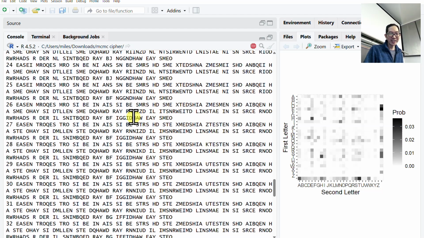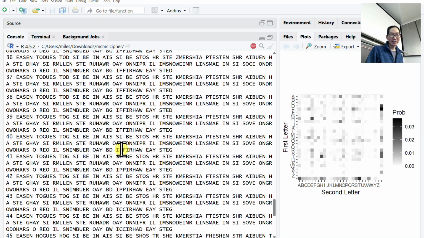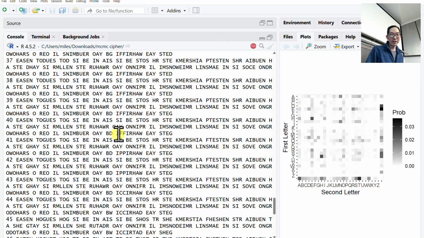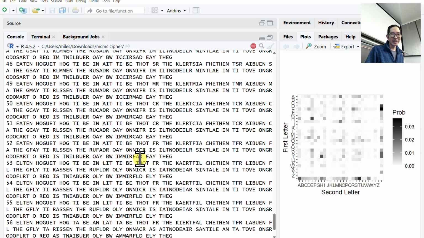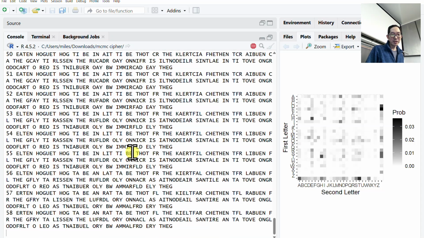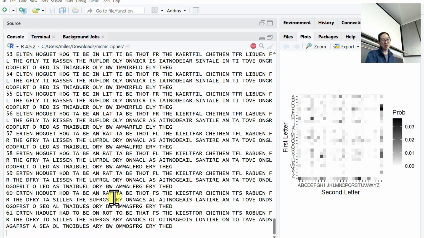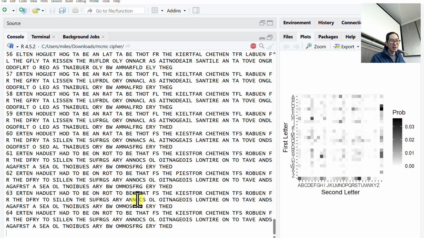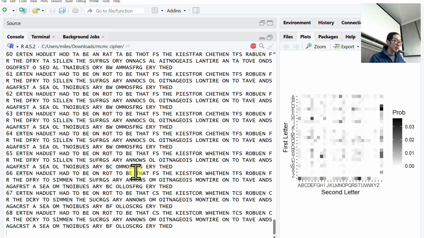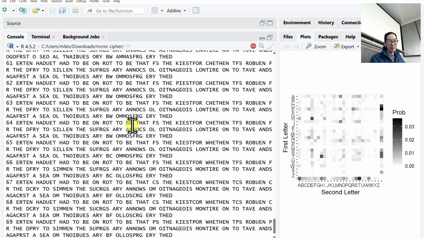Eventually we have IFFIR, and then IMM and AMMAL, and so now this is still total gibberish, but it feels a little bit more like something that could be some language, not English yet, okay? But then we start to see English words.